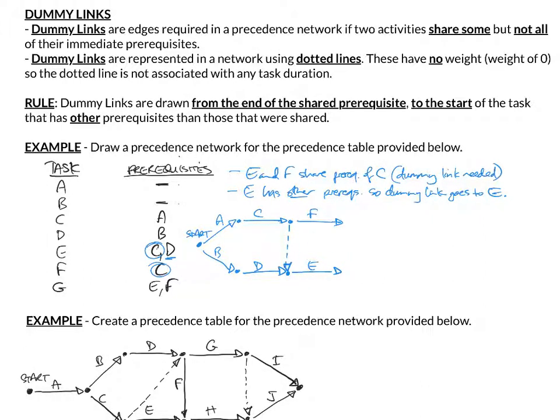E has the prerequisite D as well, so it comes off from D and it has the dummy link coming from C, which is the shared one.